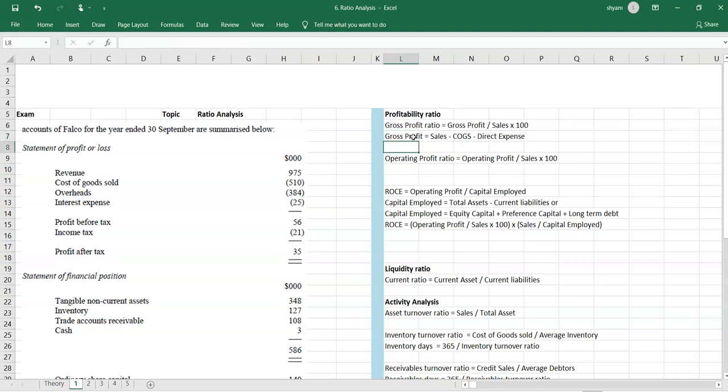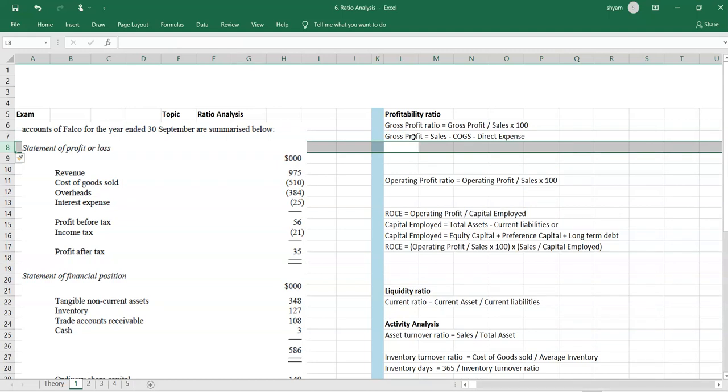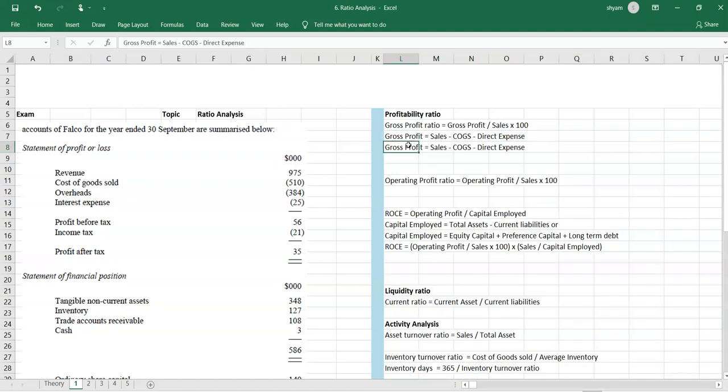So that means if you take gross profit, sales is 975 minus 510 is the cost of goods sold, okay. So gross profit comes to 465.